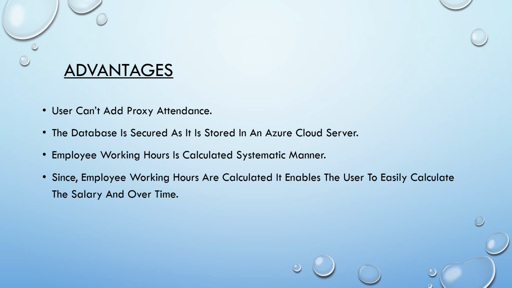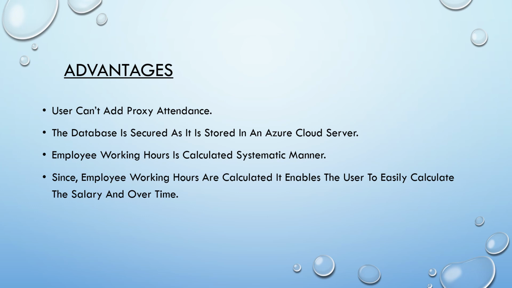And next, the database is secured as it is stored on the Azure cloud server. Then employees' working hours are calculated in a systematic manner, unlike in paperwork. Here it is easy to calculate in systematic order.